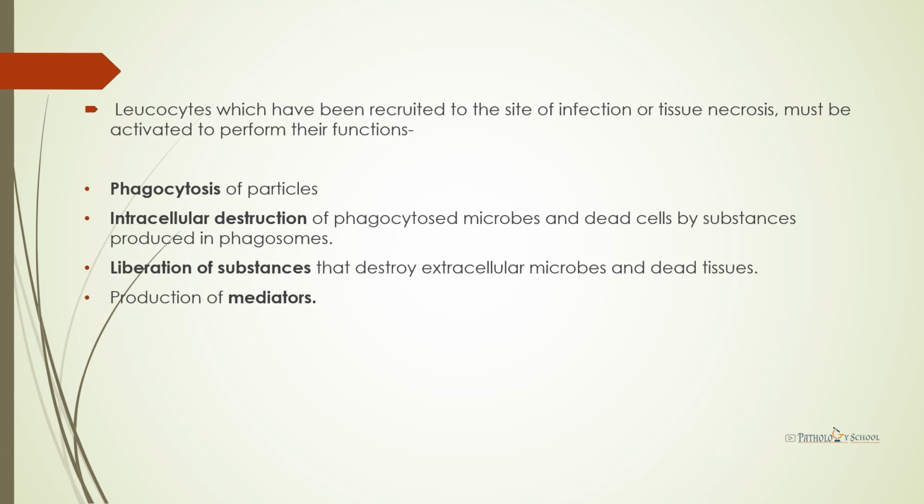Leukocytes which have been recruited to the site of infection or tissue necrosis must perform these functions: phagocytosis of particles, intracellular destruction of phagocytosed microbes and dead cells by substances produced in the phagosome, liberation of substances that destroy extracellular microbes and dead tissues, and production of mediators.